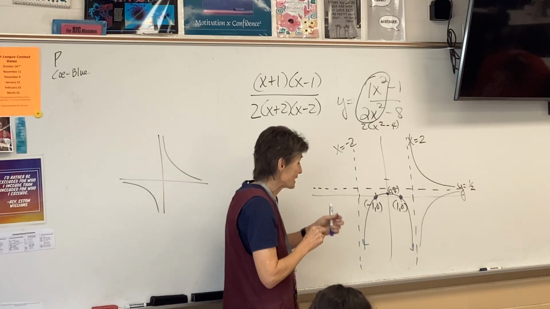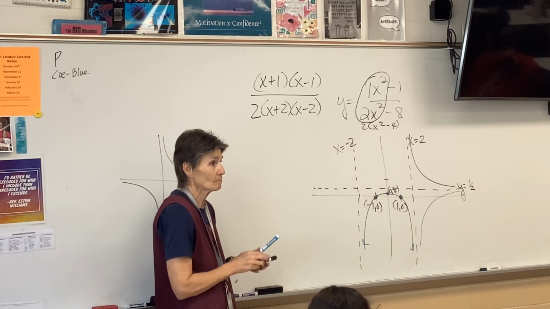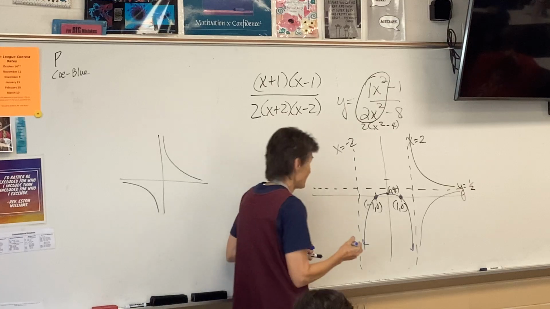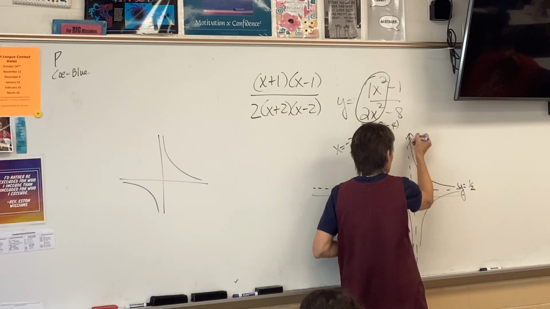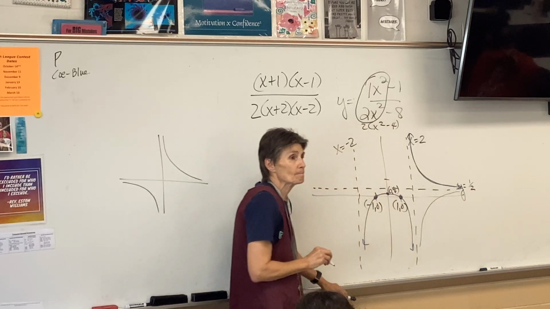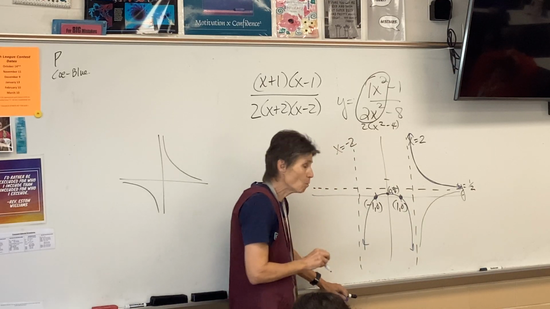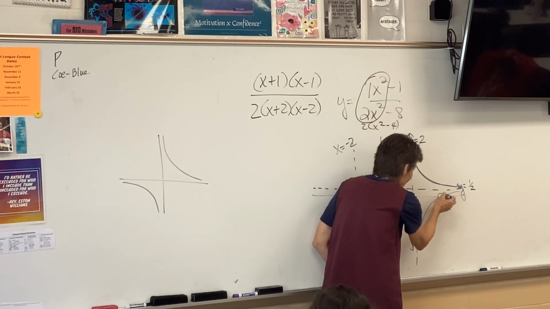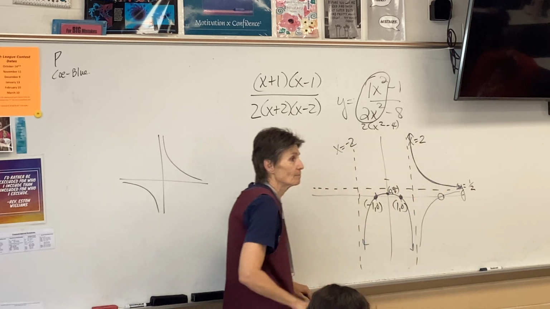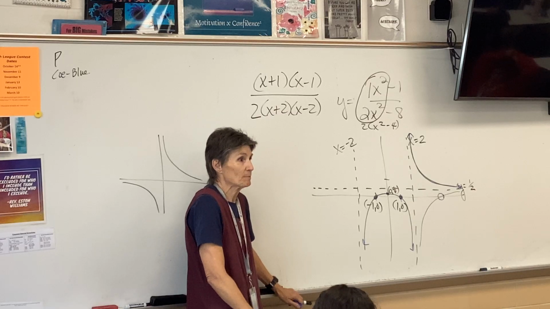Which one do you think it is? Do you think it's the top one or the bottom one? It has to be the top one. Can you tell me why it has to be the top one? Because if it were the bottom one, what would I have to have right there? Another x-intercept. I don't have an x-intercept there.